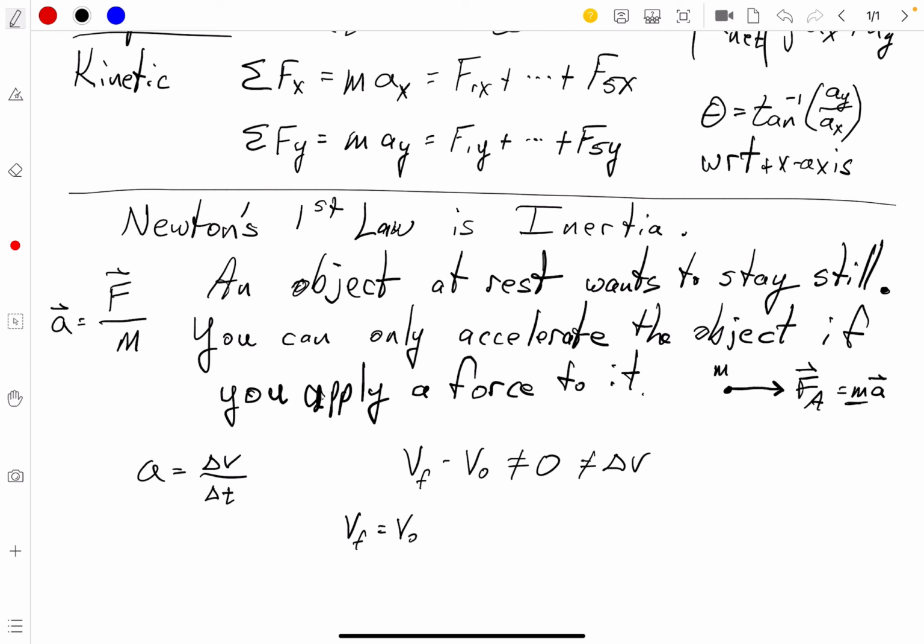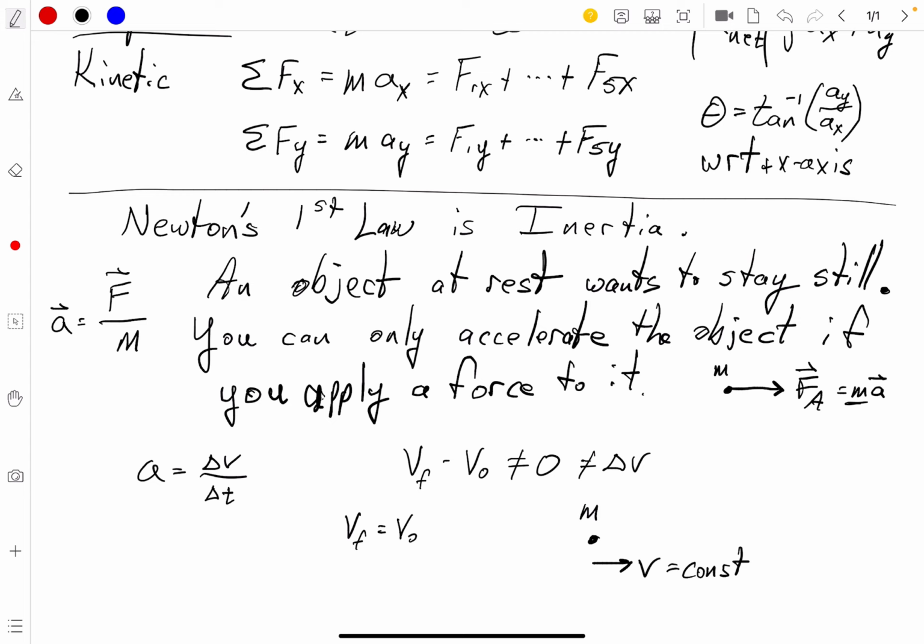So what that means is your mass could have a velocity, but the velocity is constant, and we still consider that staying still. Okay, it is not moving, it's not accelerating.